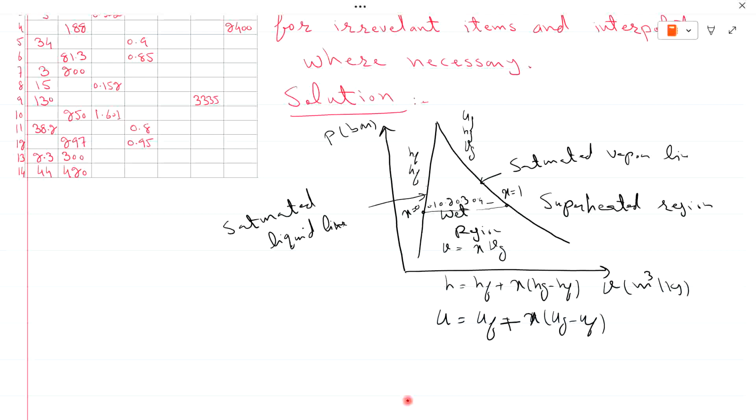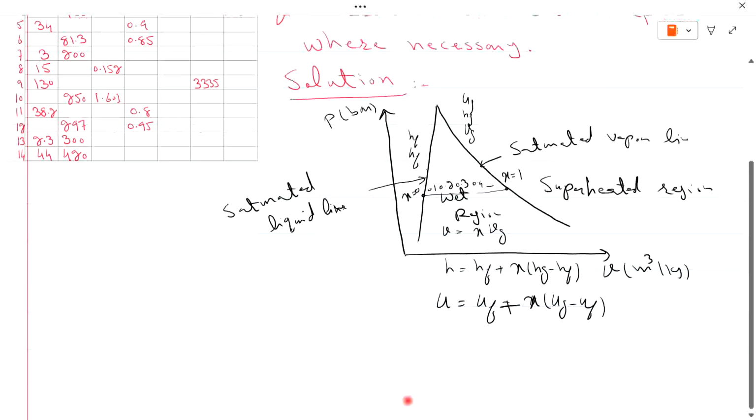And if the properties are in the superheated region, we will use the superheated steam table. There are two types of steam table. One is the saturated steam table, which we use for the wet region and for the saturated vapor line, and we use the superheated steam table for the superheated region.